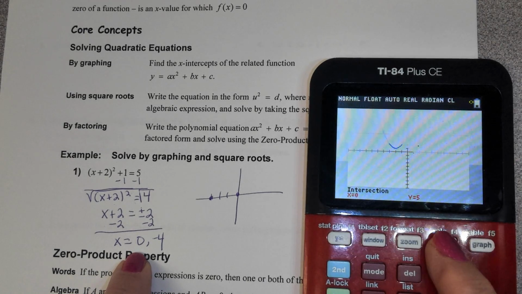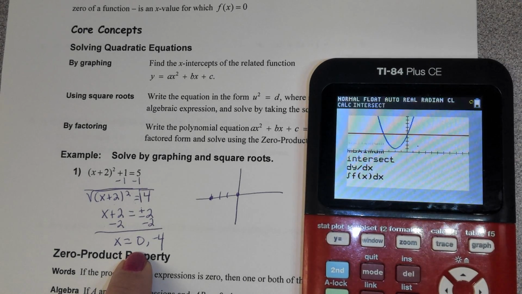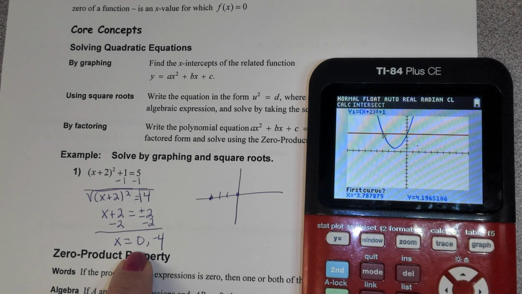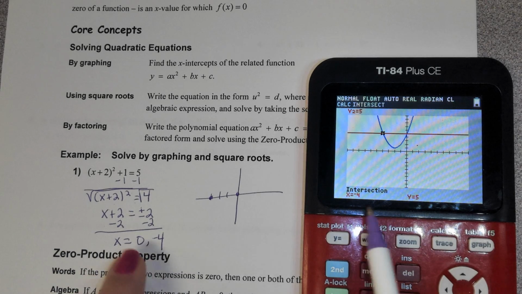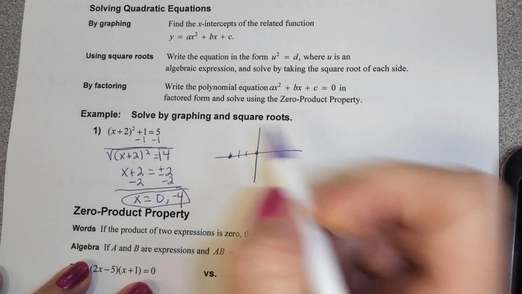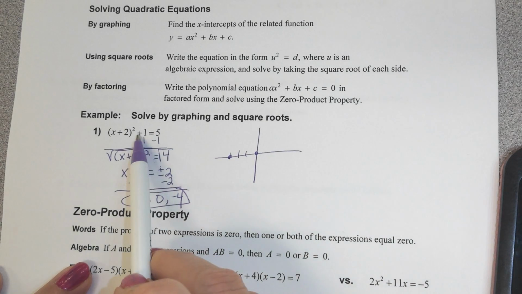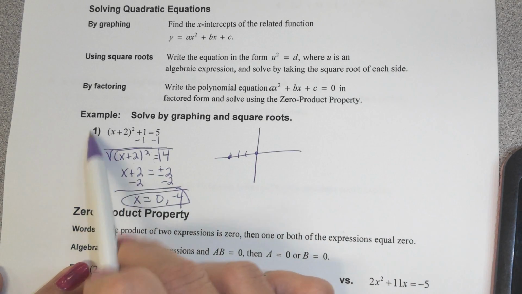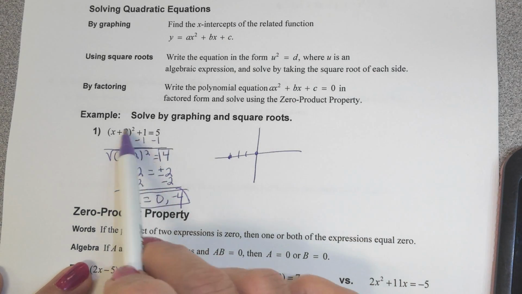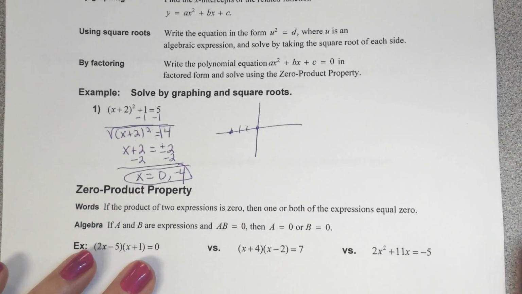The other solution then, find that point of intersection. Enter, enter, enter, and my other solution is negative 4. So these are going to be the two solutions. If I had subtracted this over and looked at the corresponding equation, those would then be the x-intercepts. But that would only be if I got it set equal to 0, which I did not do that way.